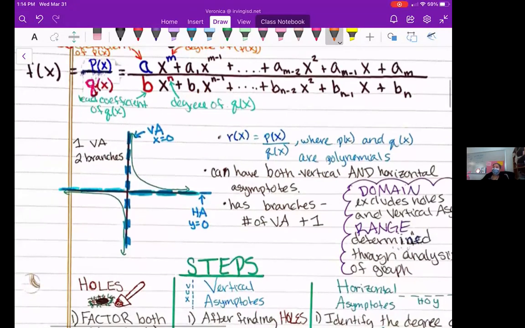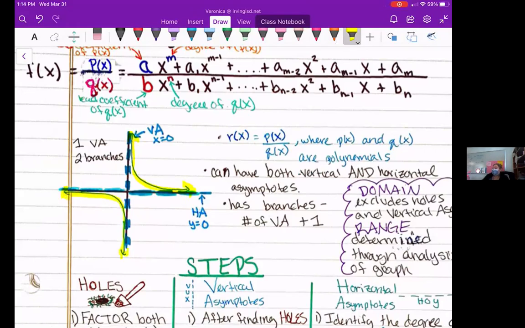Right here, I'm just giving you a basic example, right? So this is your function. What I just highlighted in yellow is part of your rational function. That is one branch. And then you can see that it's separated, right? And then here we have the second part of your rational function.